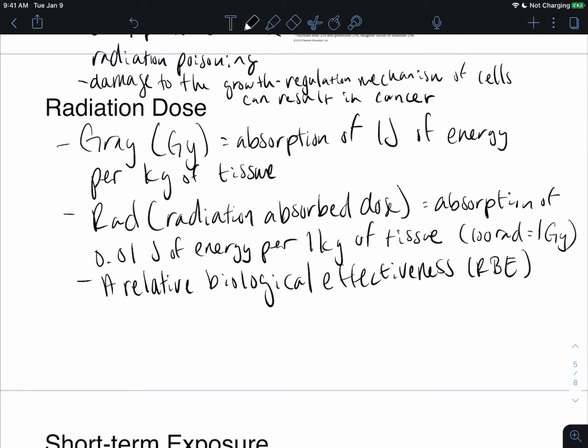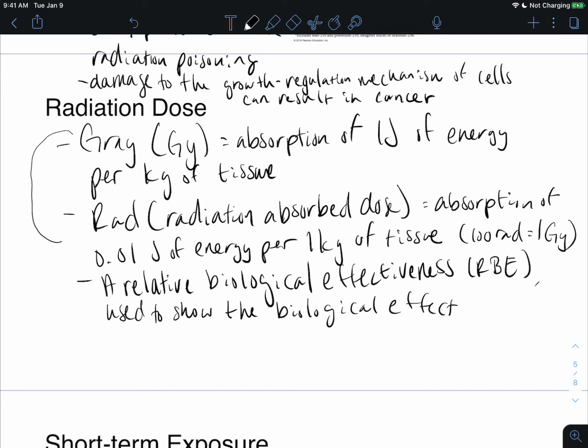And it's used to show how much biological effect there is. So these up here are our doses. This is not really a dose so much as just what's going on in the tissue itself.